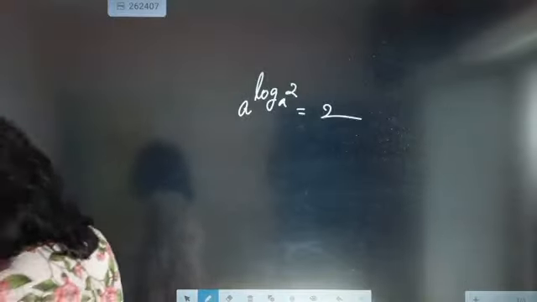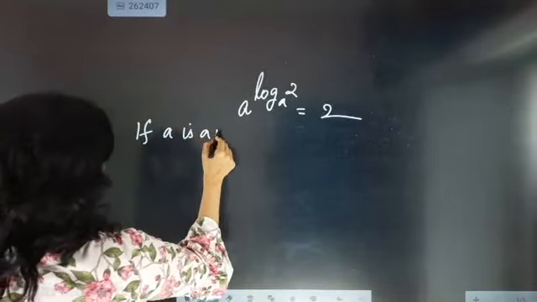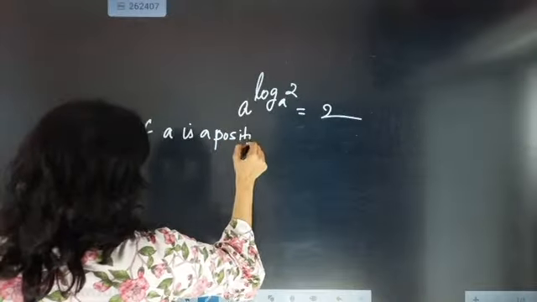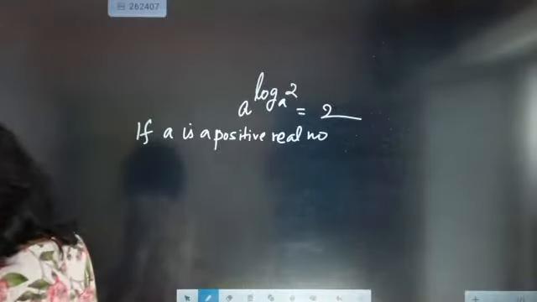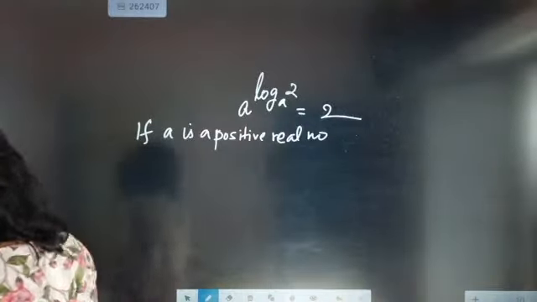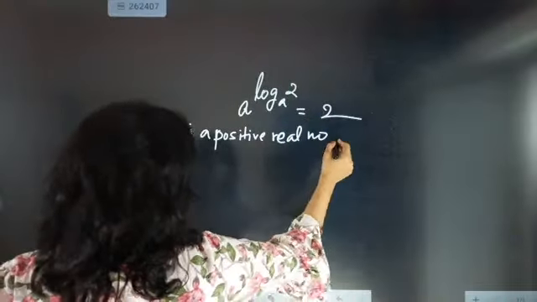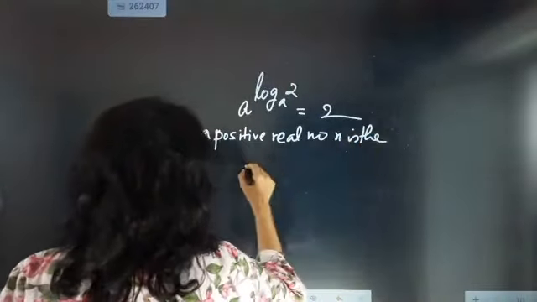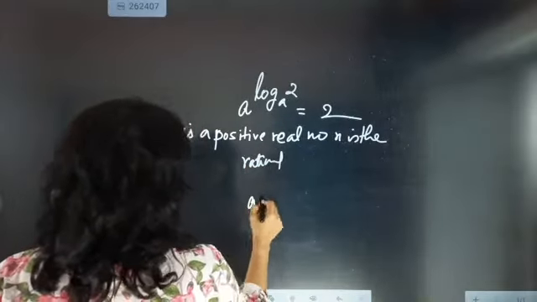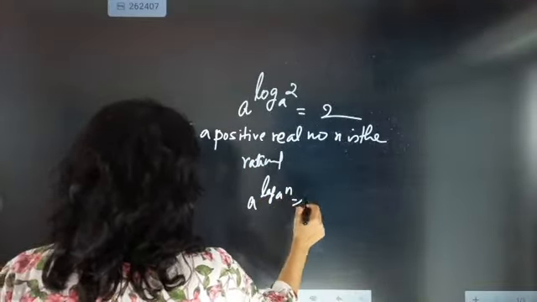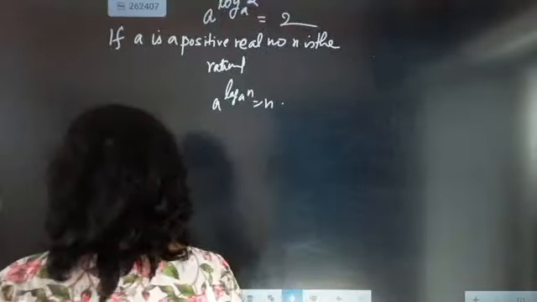Now if a is a positive real number and n is a rational number, then the property says that a to the power log base a n equals n. So I just wrote about the property. Now we will go for the question, and based on this property only you have to solve.